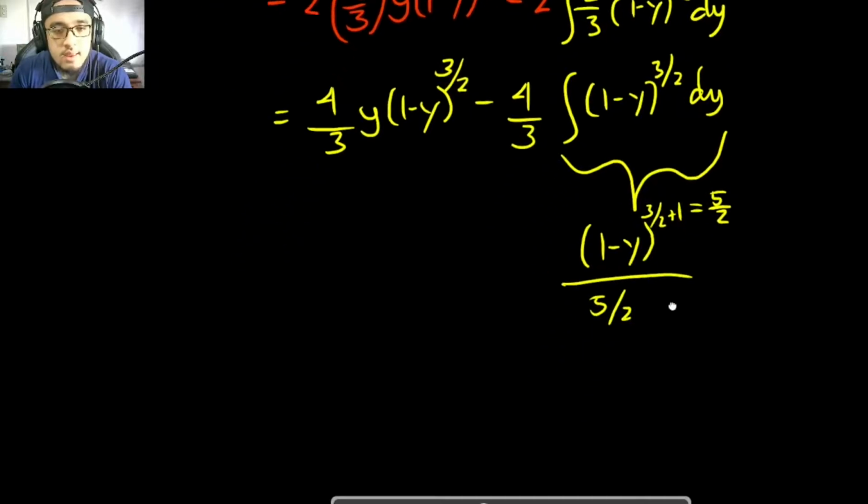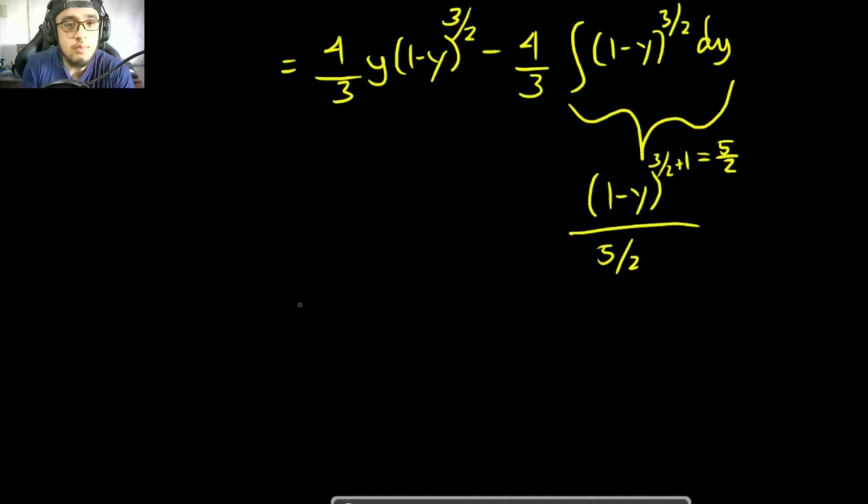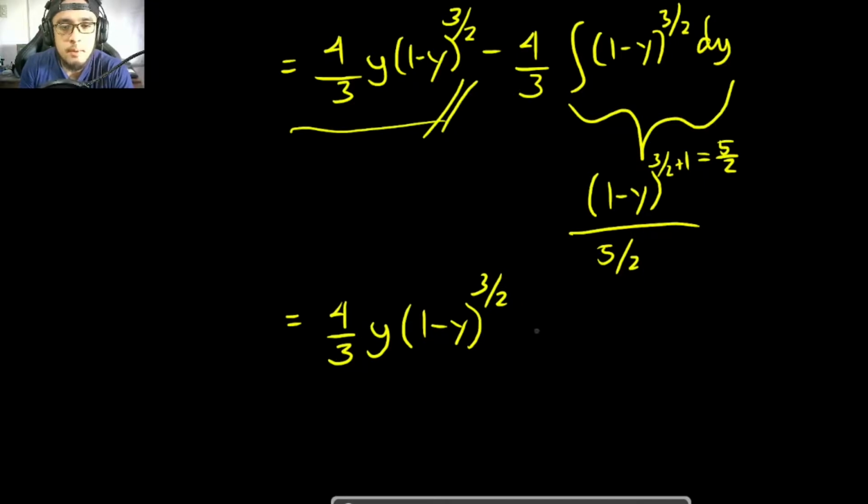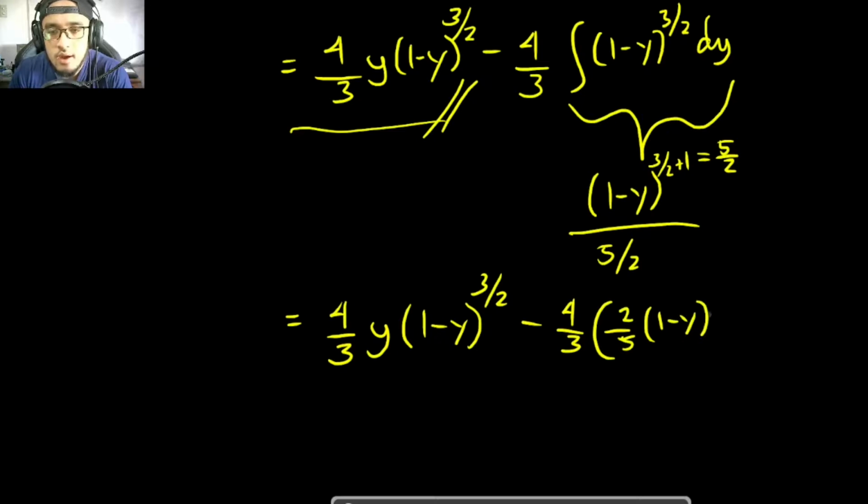So rewriting this equation right now, it is equal to 4/3 times y times 1 minus y raised to 3 halves, which is this one right here, minus 4/3 times this one right here. So that is to be 2 over 5 times 1 minus y raised to 5 over 2.